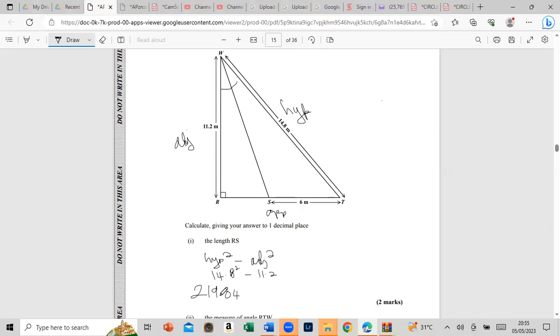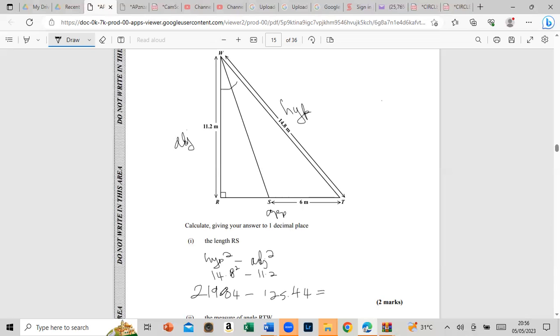And then we're gonna minus 11.2 times 11.2, which is 125.44. Alright, so I could do the maths.